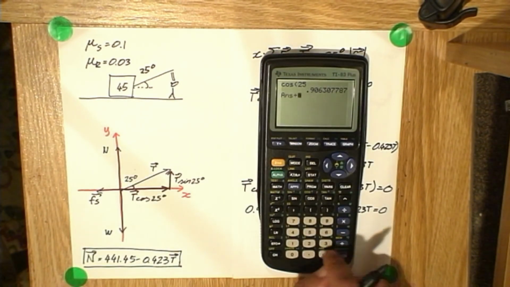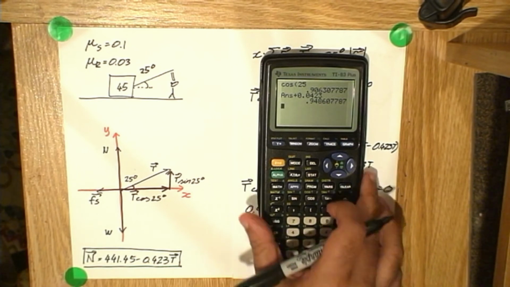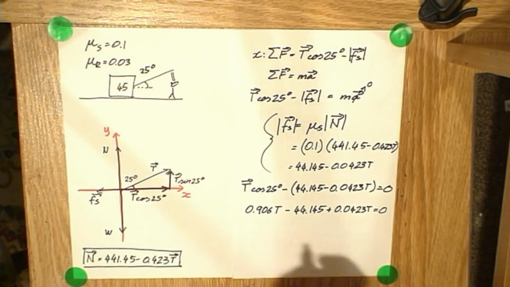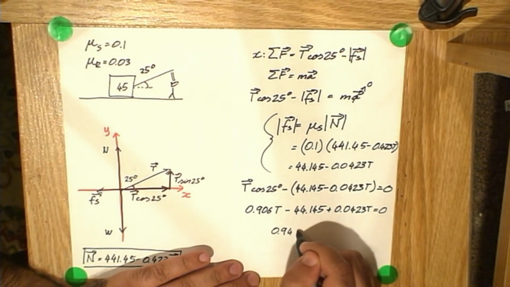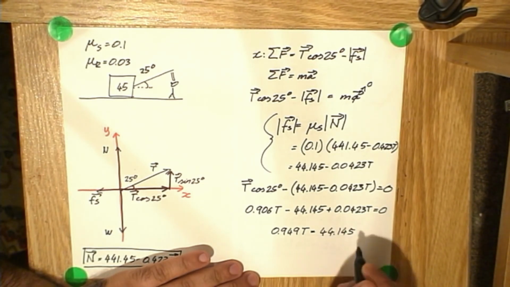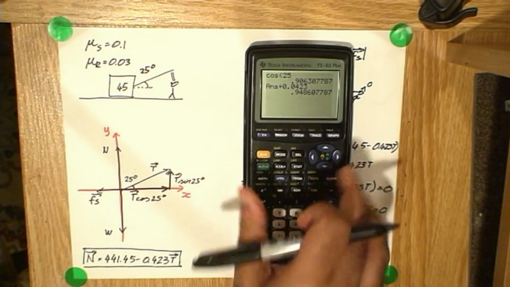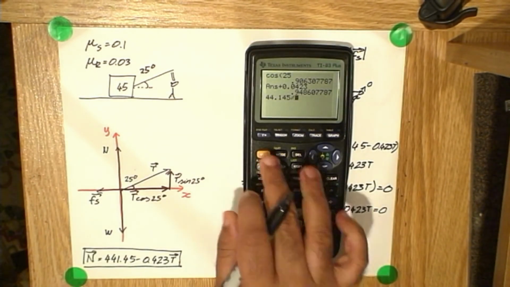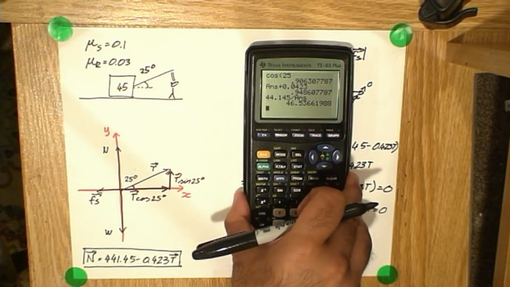So now let's add 0.906 and 0.0423, and we get 0.949, let's call it. Move the 44.145 to the other side, and we get 0.949 times the tension is equal to 44.145. So that gives us a tension, which is equal to 44.145 divided by 0.9486, which is 46.54.